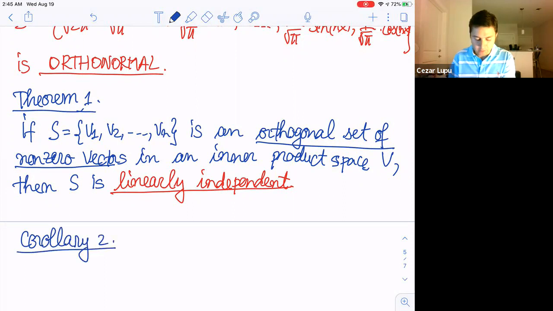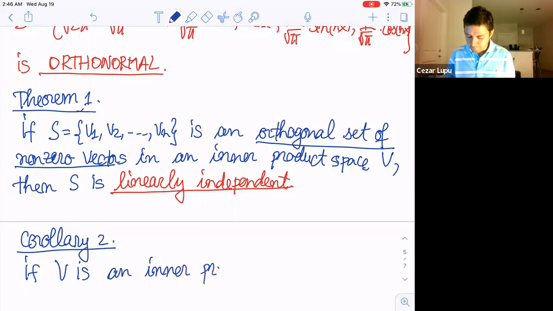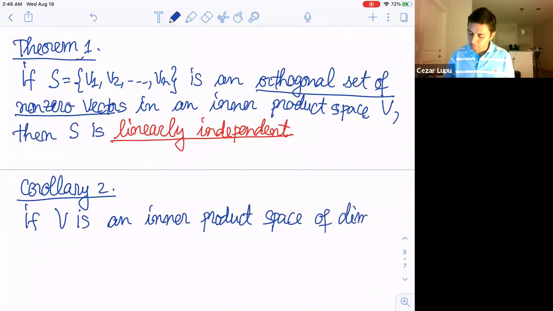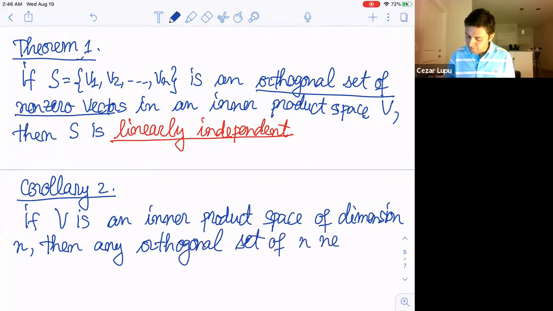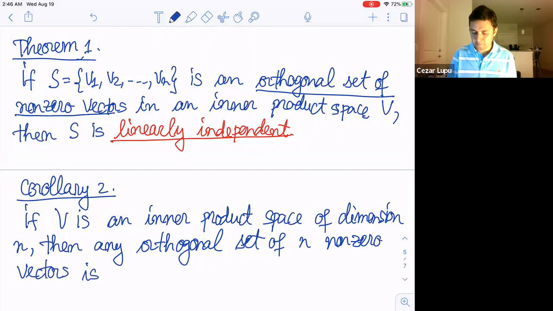And we have here the following corollary. Let's say corollary 2, whatever. If V is an inner product space of dimension n, then any orthogonal set of n non-zero vectors is a basis for V. This is important.